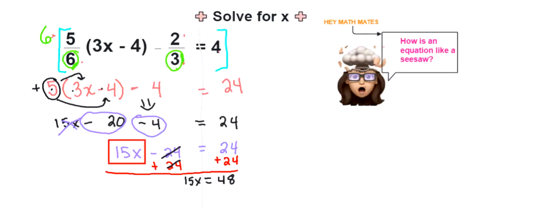But do I want 15 times x? No, I want x. So they're multiplying by 15, so I'm going to divide. And when I do that, 15 divided by 15 is 1. These cancel. And you're left with x.